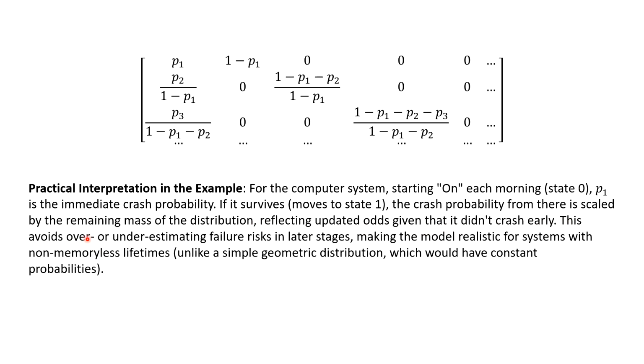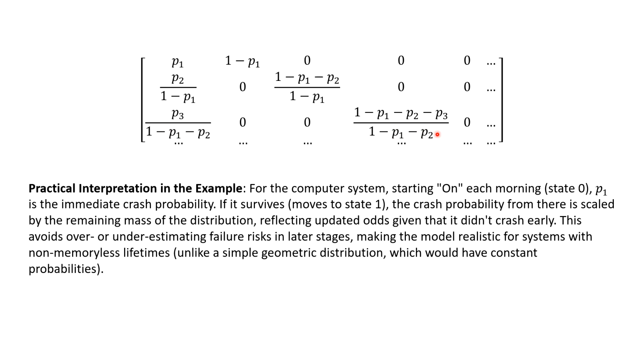This avoids over or underestimating failure risk in later stages, making the model realistic for systems with non-memoryless lifetimes, unlike a simple geometric distribution, which would have constant probabilities. So we keep normalizing what's remaining in the predicted lifetime based on the probability distribution.